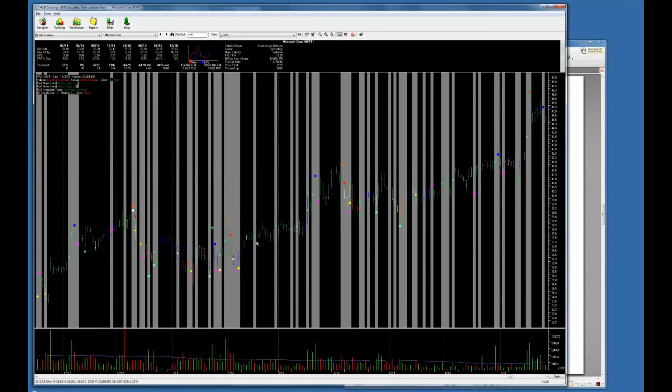And so pretty much most days that have flag events, like here's one that's a test for supply in an uptrend, it wasn't considered a strong signal event, and so it isn't a VPA signal day, but it is still a flag.